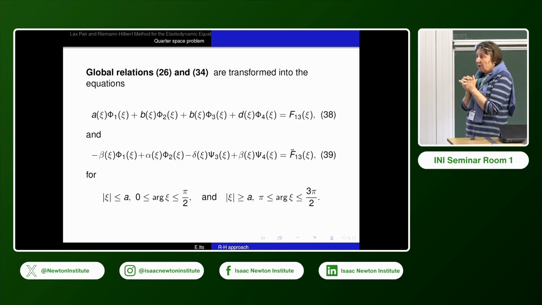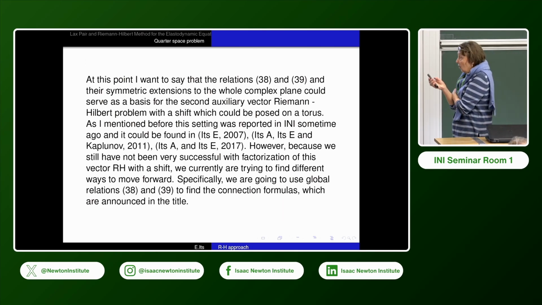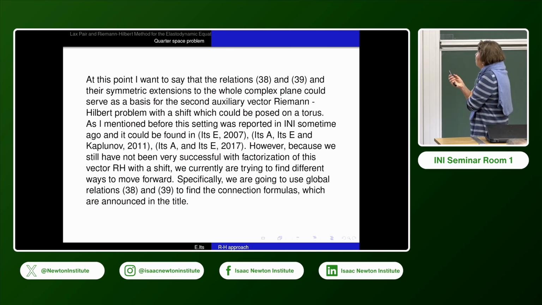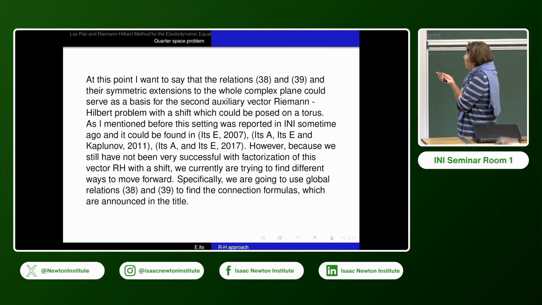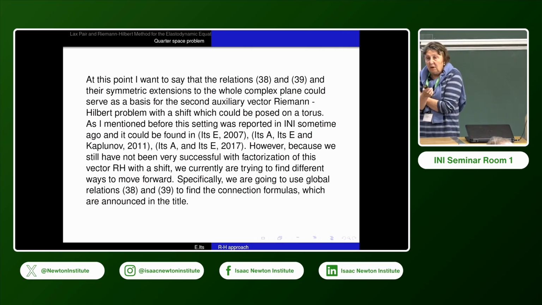That's why we are trying different ways how to use the system of global relations, and specifically, we are going to use these global relations to find the connection formulas which are announced in the title.